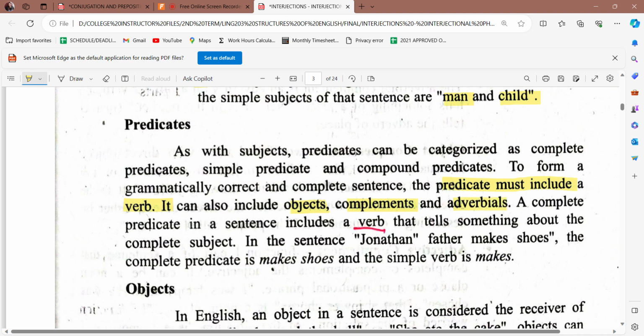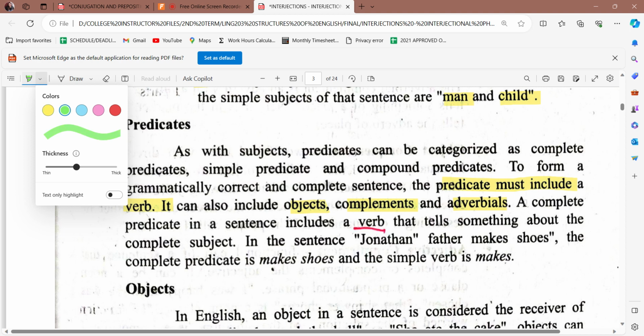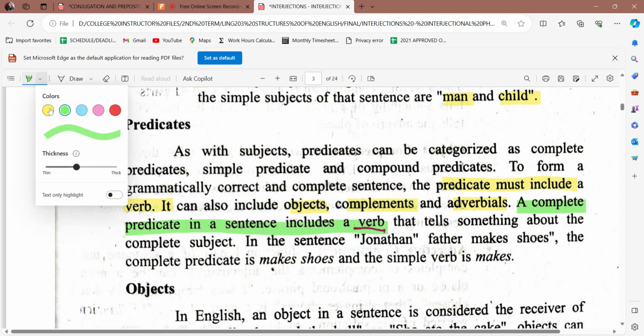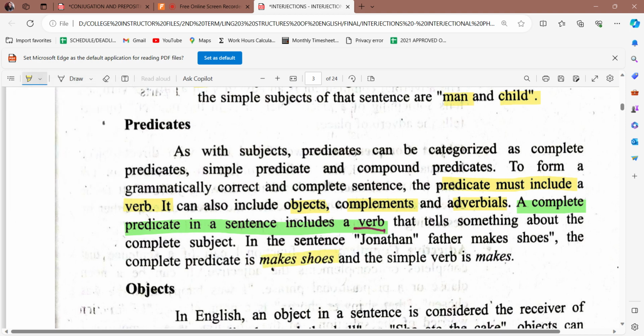A complete predicate in a sentence includes a verb that tells something about the complete subject. In this example, Jonathan's father makes shoes. The complete predicate is makes shoes, and the simple verb is makes.